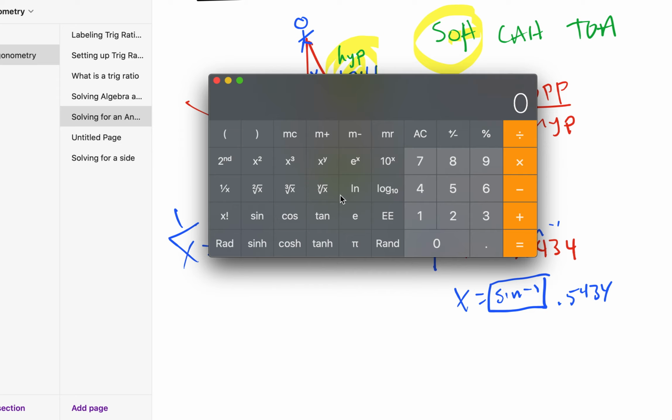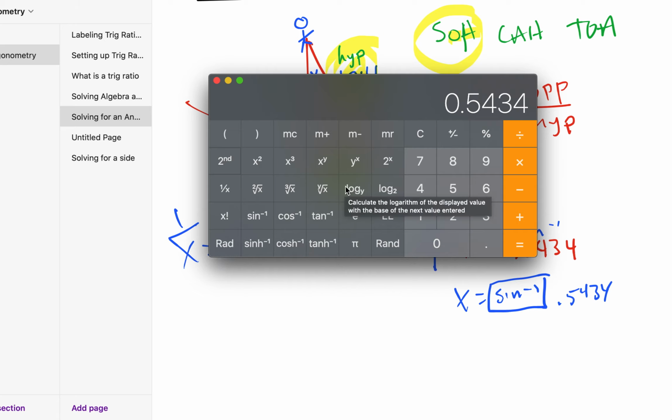All right, so 0.5434. Another thing to keep in mind, we push our second button. Here's our inverse sine. Here's the button rad. Be sure not to push that if you're on a calculator on the computer, but on your normal calculator, you'll see on the top a D, an R, or a G. Always make sure it's a D, or degrees.